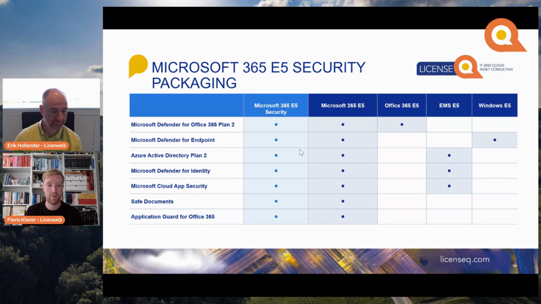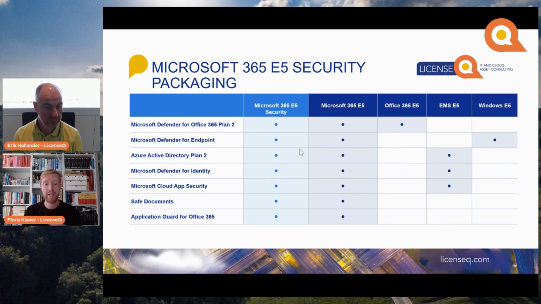So Defender for Office 365 Plan 2, for instance, is the service that is covered in Office 365 E5. Defender for Endpoint is actually the only service, as far as I know, that is titled Windows E5. Azure Active Directory Plan 2, Microsoft Defender for Identity, and Cloud App Security are all in EMS E5.